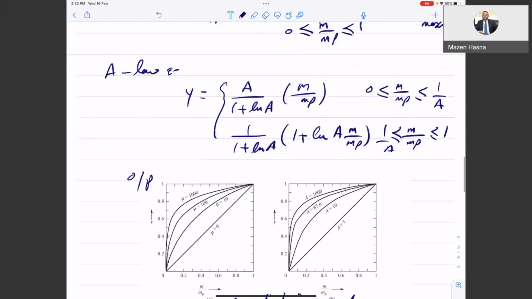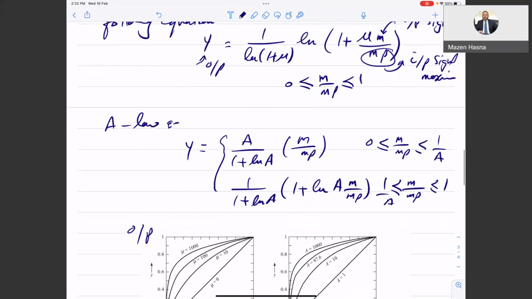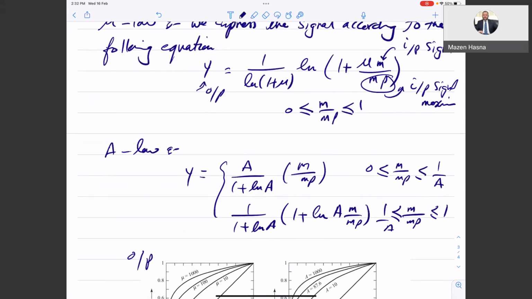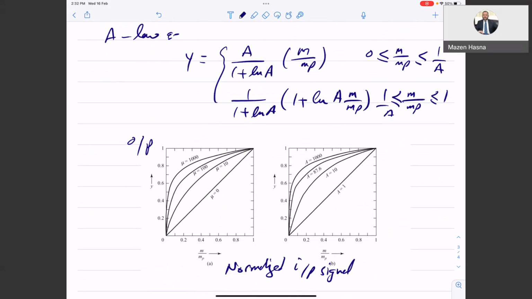If mu equals 0, this is ln, not log. You have it on both, so you have to take the derivative to find the limit. It's not just a division. Because if mu equals 0, it will be ln 1 over ln 1. So the output is 1.